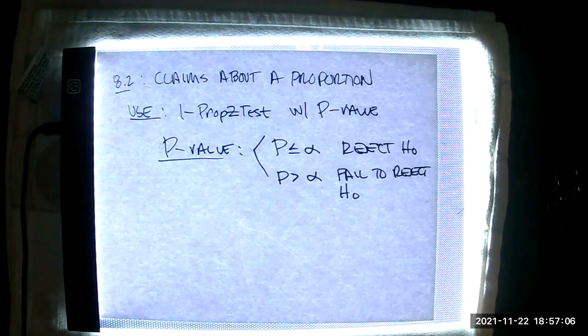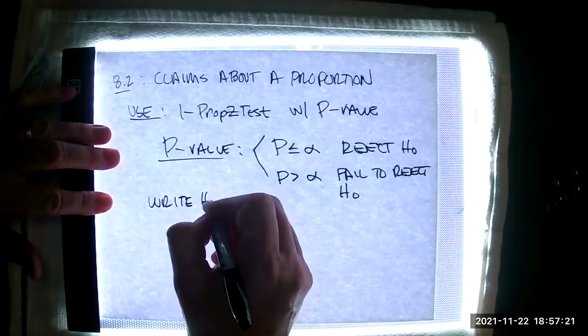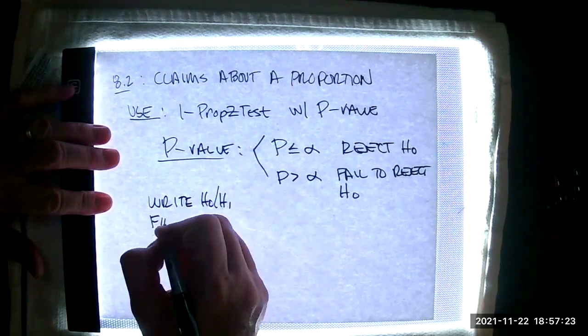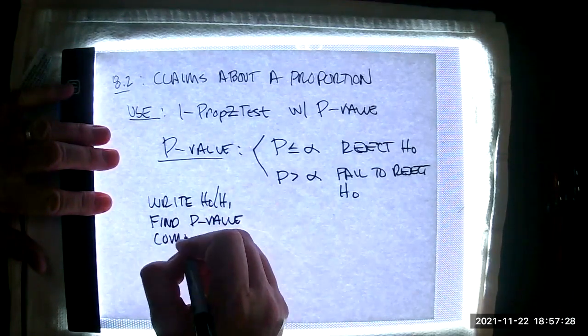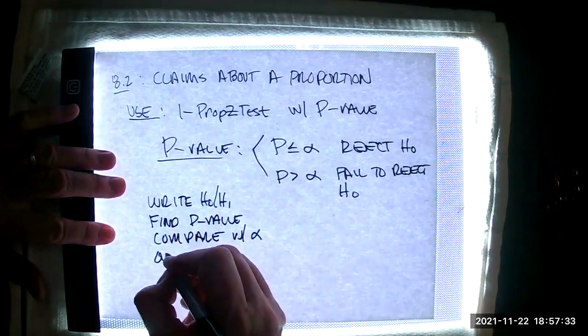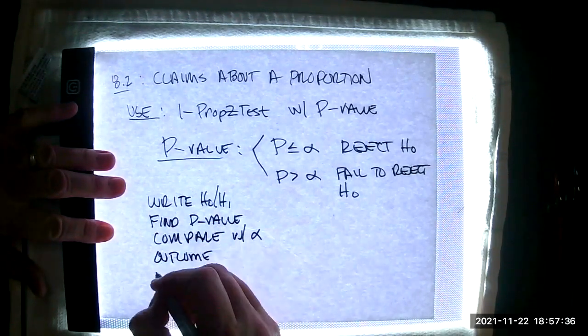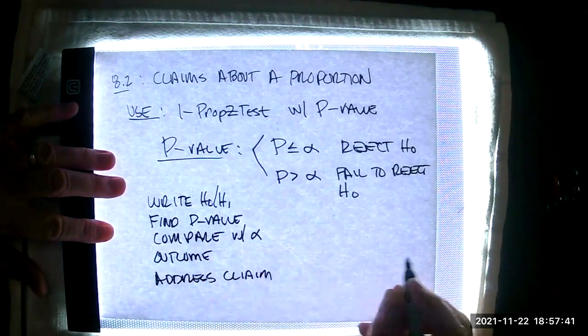A couple of things I'll want to remind people. There are really 5 steps, and I can ask you to demonstrate any one of the 5 steps. So you need to be able to write H0 and H1, find the p-value, compare with the level of significance alpha, determine the outcome, and then you need to address that initial claim.